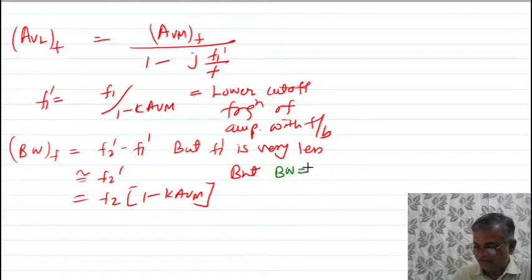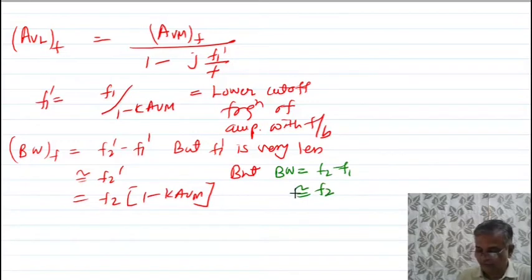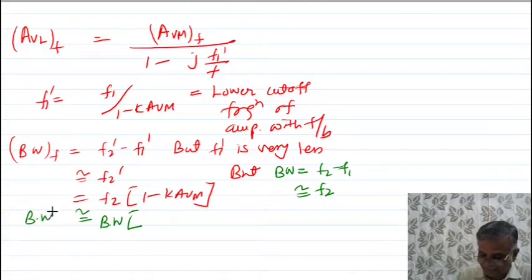The bandwidth without feedback is given by f2 minus f1. F1 is very small, so I can write f2. So this is nothing but the bandwidth of the amplifier without feedback, and I can write this equation.